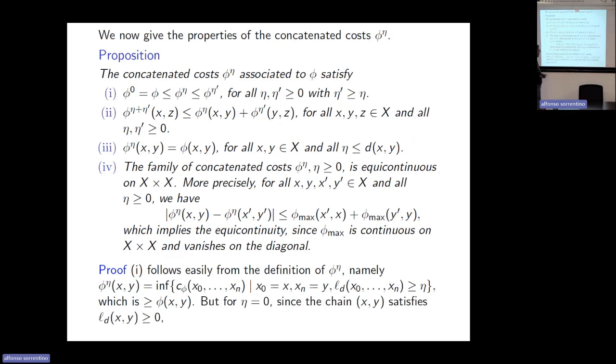But for eta equals 0, the chain with length from x to y is not negative, so it's part of the chains among which you have to take the inf, including this chain, so you get equality.